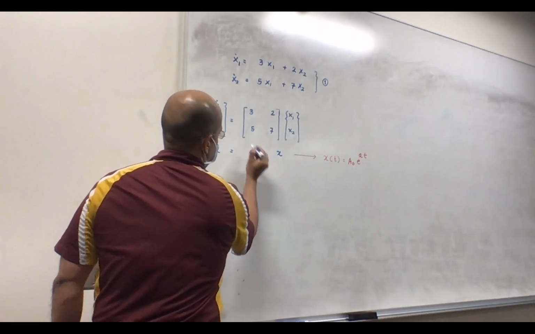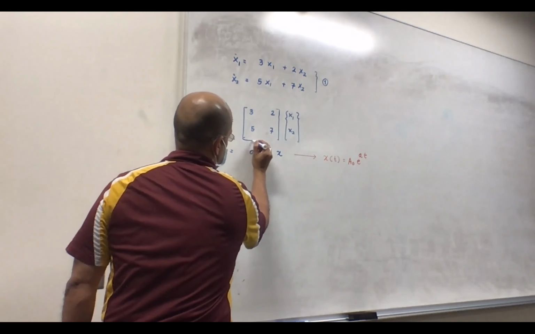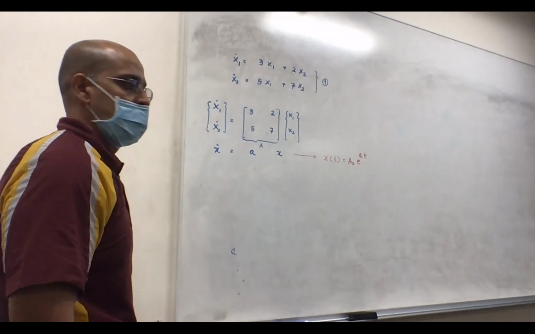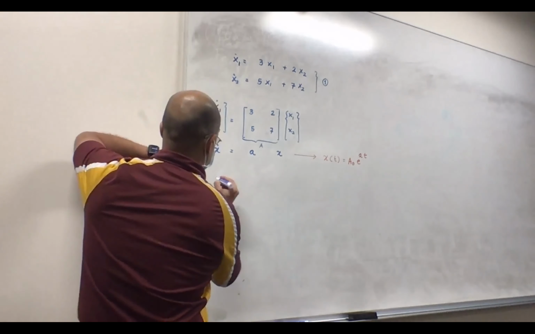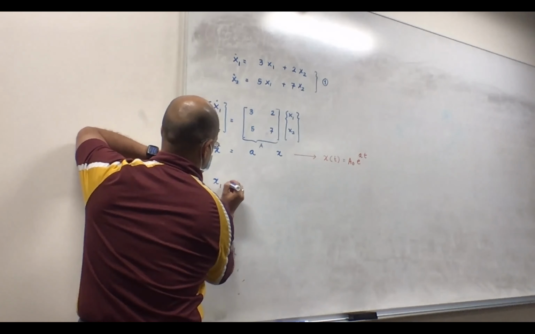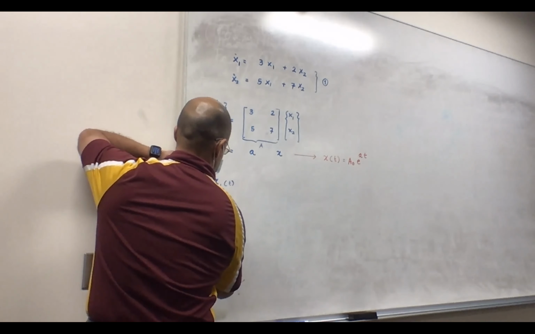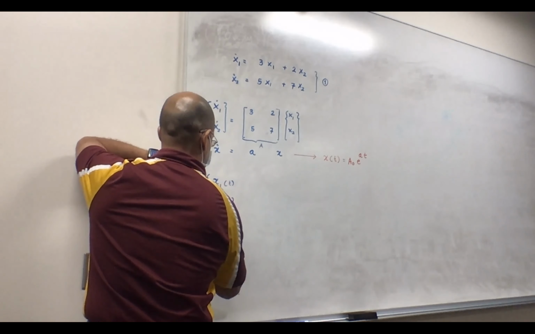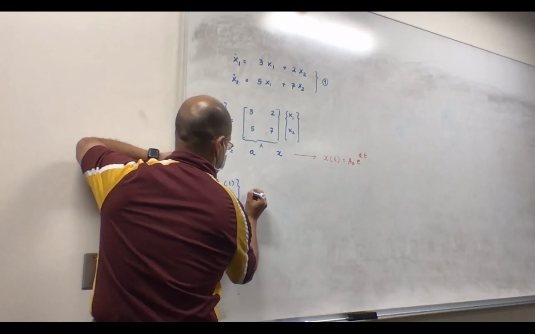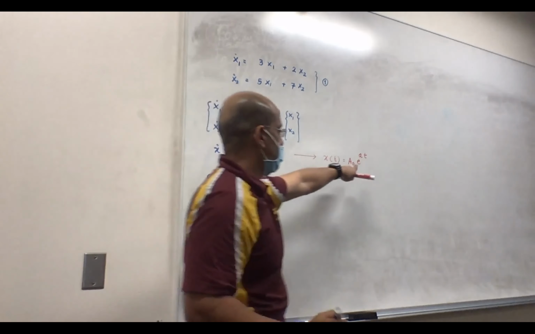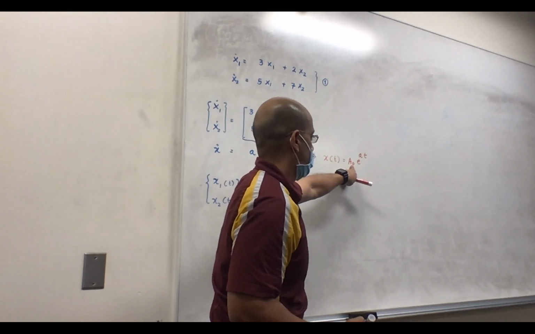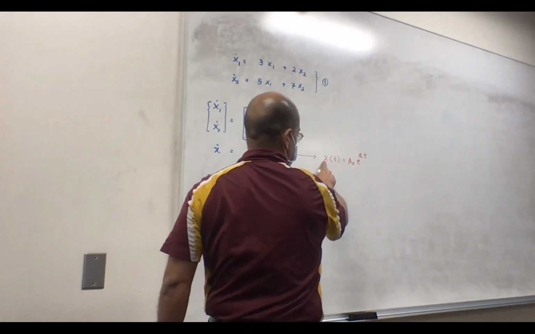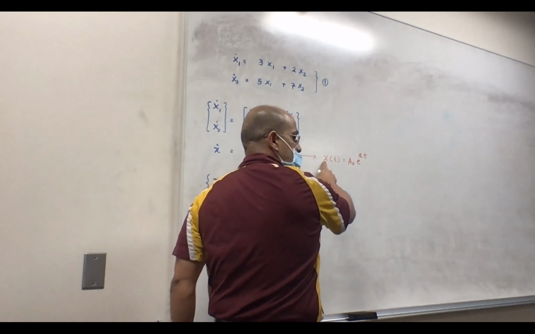So can you see that here I have a matrix which is capital A, right? So I'm going to write down something like this: x1 of t, x2 of t, this is super important, is equal to, can you see that I had some a, a constant. I had just one constant because there was one dependent variable.